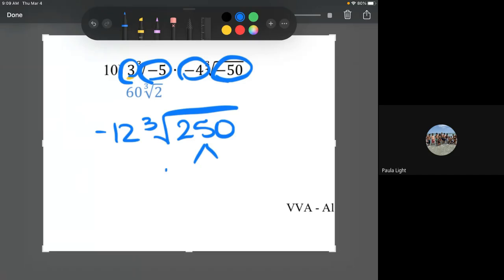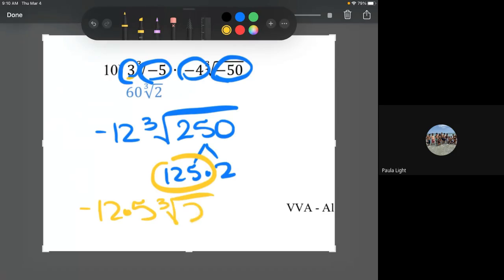That's where it was. 125 is a perfect cube. So it's going to come out as a 5. So the negative 12 is going to get multiplied to 5. The cubic root of 2 is going to stay. And you're right, it should be a negative 60 out front. Negative 60 cubic roots of 2. Woo. Okay. Yeah. So it's better. I was trying to break it down, and no, just go ahead and multiply them straight across first and then break it down.